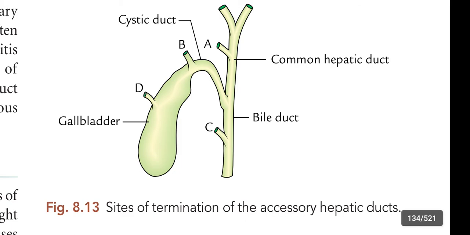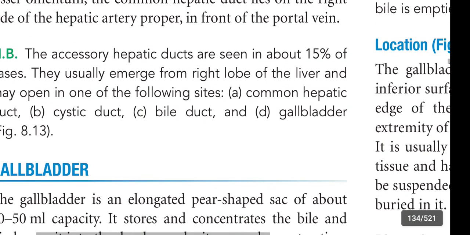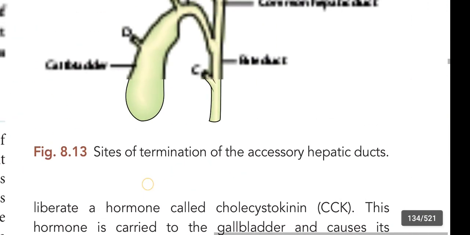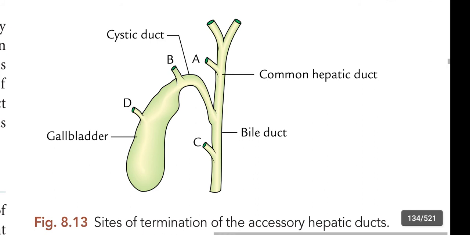It may be seen in 15% of cases. See the sites: it may open into the cystic duct, common hepatic duct, bile duct and gallbladder. These are the sites where an accessory hepatic duct may terminate.